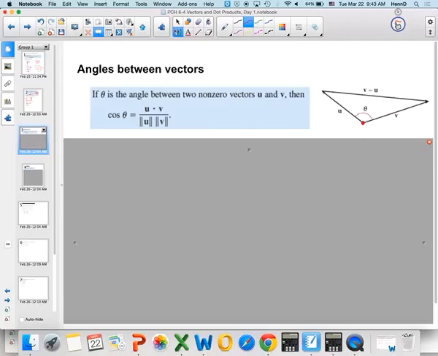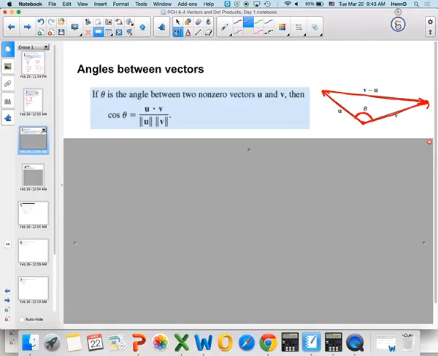So here we have vector u. Here we have vector v. If we connect u over to v, going this direction, this vector here is actually v minus u. Okay? Now, you don't necessarily have to remember that in order to use our formula, but notice the angle here we're trying to find. We're trying to find this angle between the two vectors.